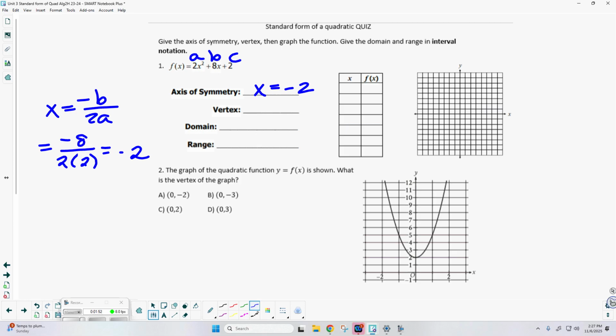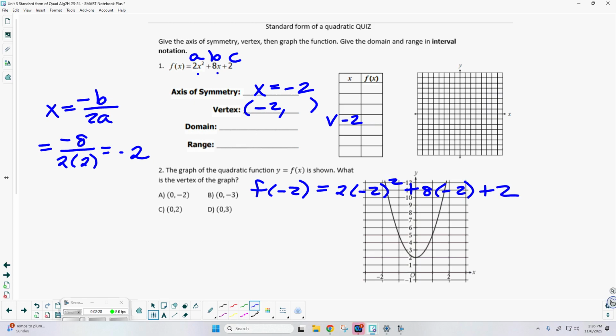Now that's also half of my vertex. -2 and then something. I'm going to put this vertex right here in the middle. Now how do I find the corresponding y value? We plug it back into the function. So everywhere I have an x, I'm going to replace it with -2. F of -2 equals 2 times -2 squared, plus 8 times -2, and then plus 2.